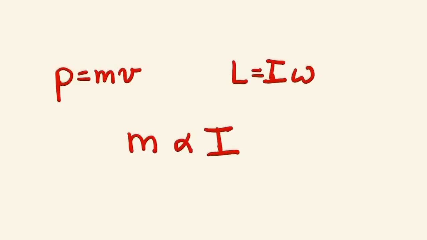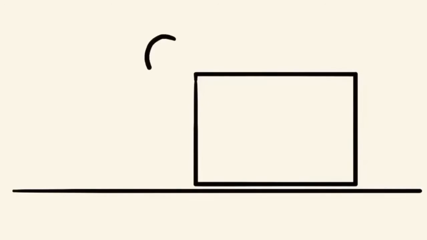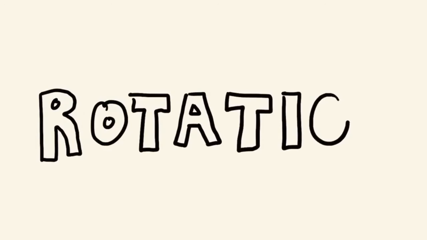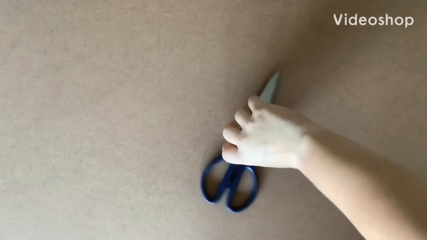We can think of mass as an object's resistance to accelerating, or how hard it is to make something move. This is different when we're dealing with rotation. Moment of inertia depends not only on what is rotating, but where it's rotating around.